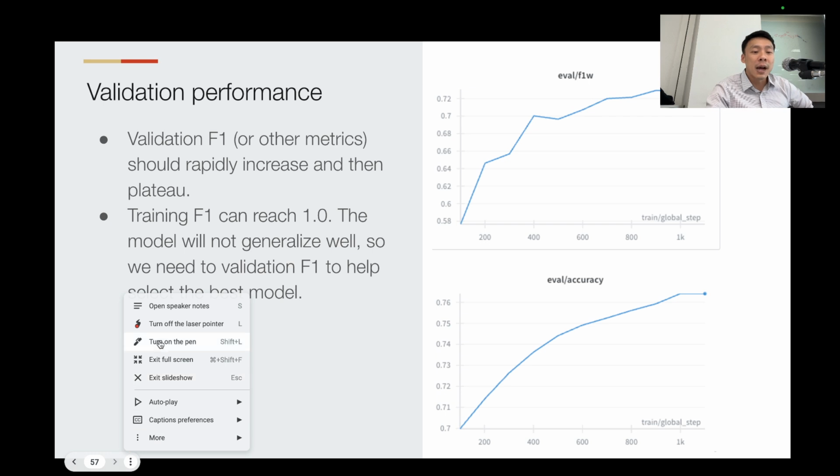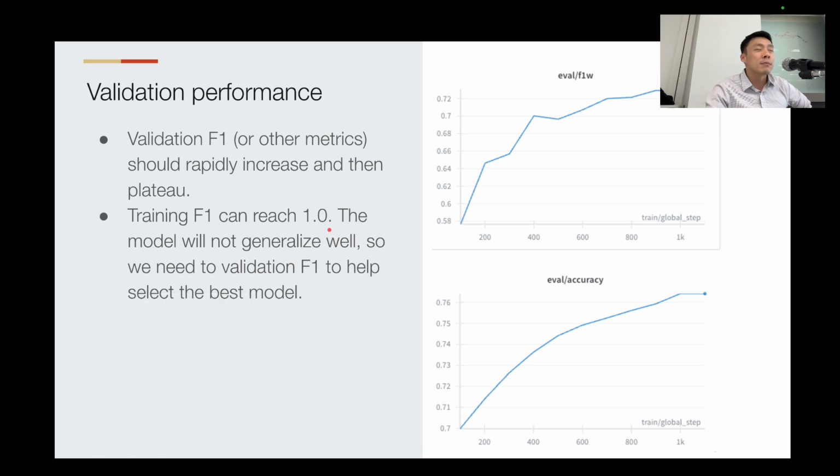Usually you see it drop slowly as well. That's usually what you would see. That's when you think you should stop around here, right? That's when the accuracy or F1 is the highest. Okay, so that's when we know how to stop.